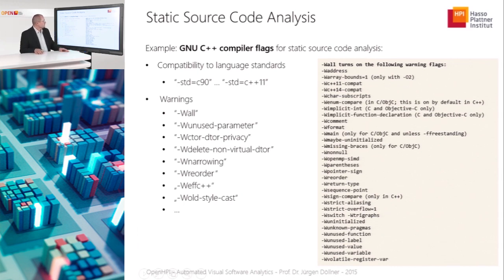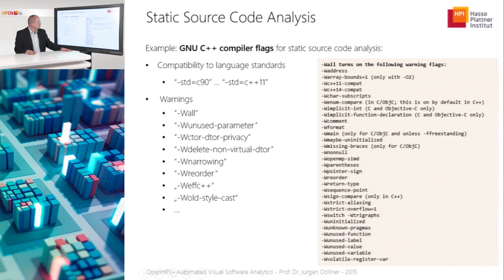For example, all warnings are listed here. It's still not complete. You can easily find the complete list of warnings in the manual of your compiler. Take into account that these warnings are typically not activated, so make sure to activate them if you want to apply a first version of static analysis to your source code.